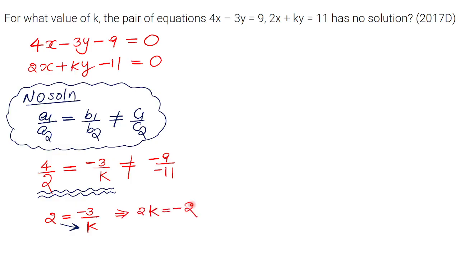If you don't understand, please tell me. 2k equal to minus 3. 2 is taken to the other side. K equal to minus 3 by 2. So the value of k will be minus 3 by 2.